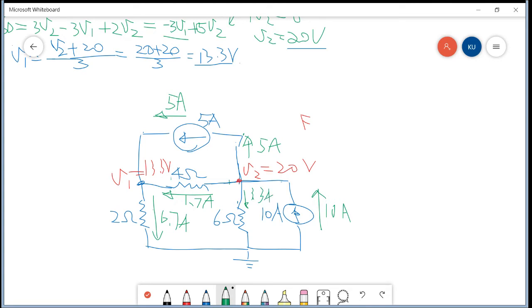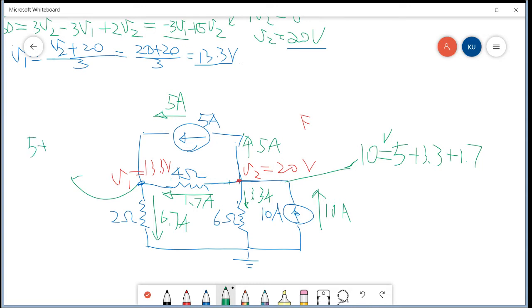So for this node, the current going in should be 10A, and the current going out should be 5 plus 3.3 plus 1.7. So it also matches the KCL for this one.